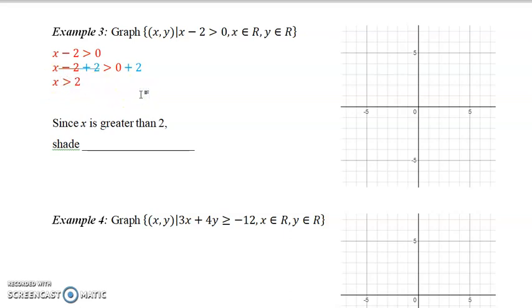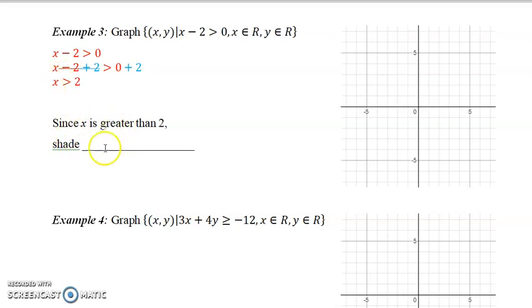Now this is a little different. You can't use the graphing technology because this isn't a function. As you're aware, this is a vertical line. All right? So when we graph a vertical line, the slope is undefined, right? Because your rise is up or down, but there's no run, right?